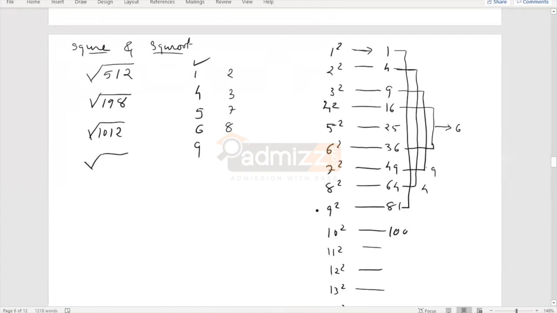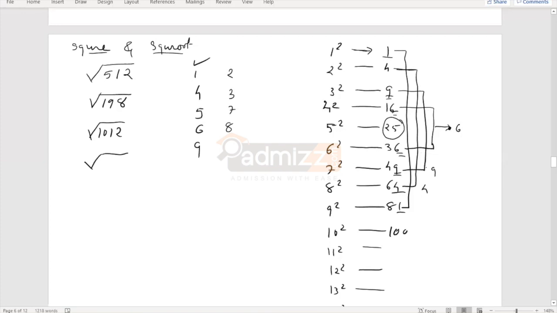You can see one magic here. The last digit of 1 square is 1, and of 2 square is 4. The last digit of 3 square is 9, the last digit of 4 square is 6, and so on. But 25 will remain as it is.